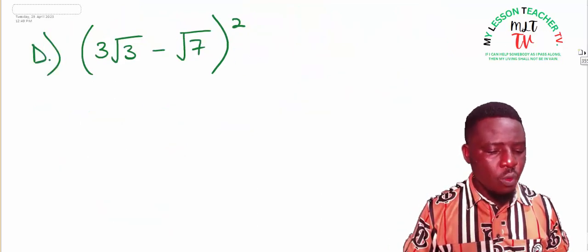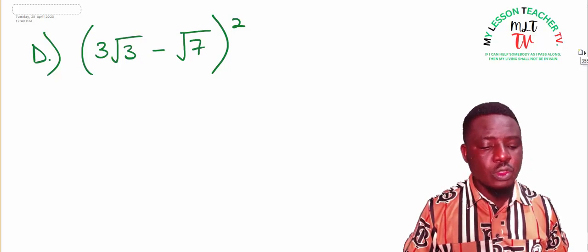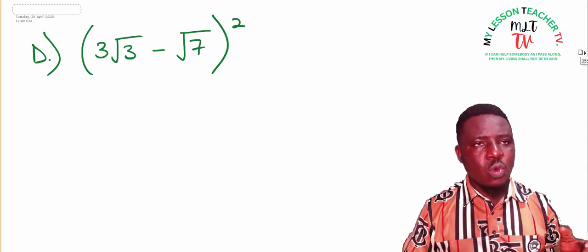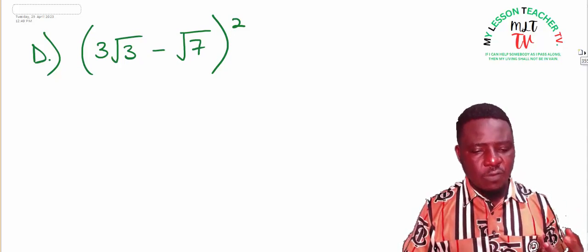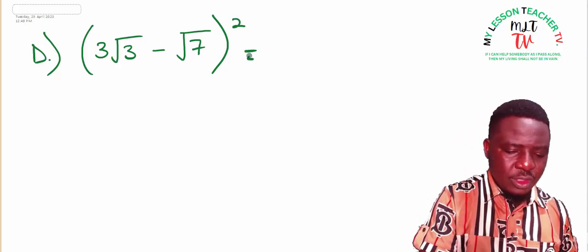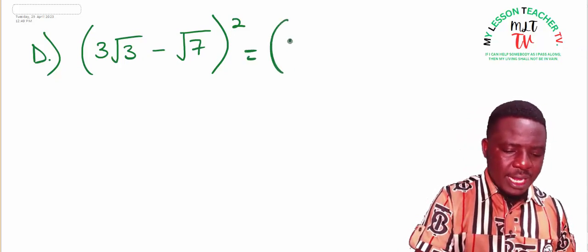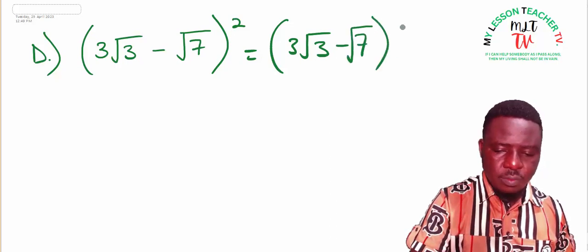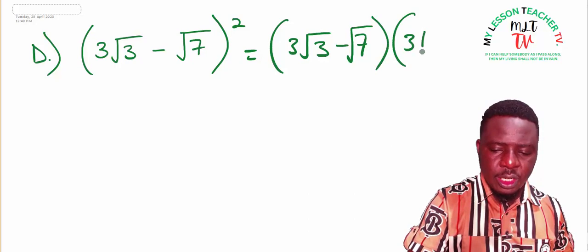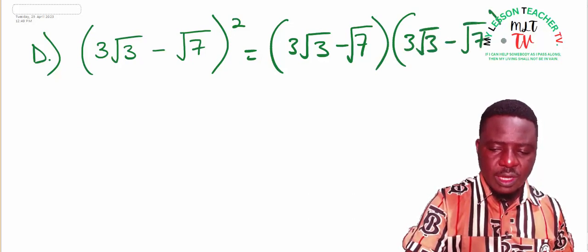D, we have bracket 3 root 3 minus root 7 all squared. When something is squared, it means it is that value multiplying itself. So this can be simplified to be bracket 3 root 3 minus root 7 multiplying 3 root 3 minus root 7.